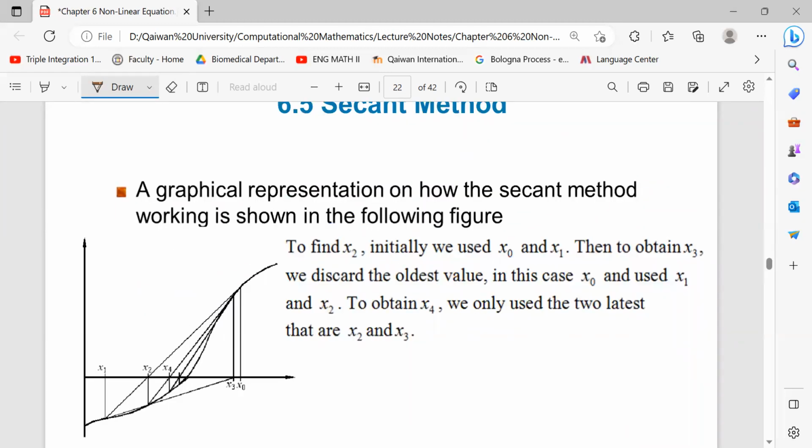We now have another method, which is the secant method. Let's change it.